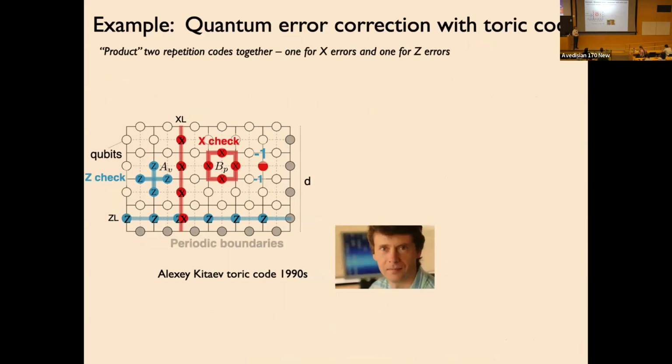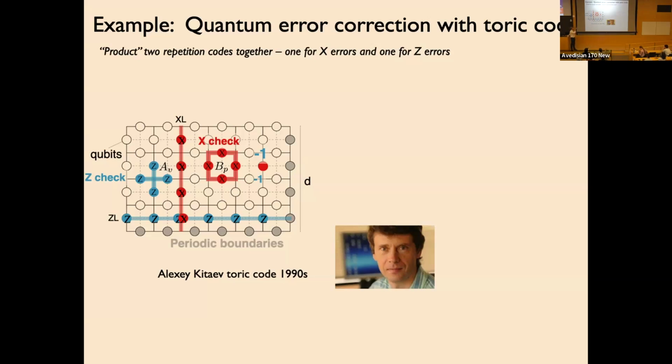It's probably the best known, best studied quantum error correcting code, the so-called surface or toric code invented by Alexei Kitaev. And basically, you can think about it as a kind of product of 2 classical repetition codes, one which corrects bit flip errors and another which corrects phase flip errors. The structure of this toric code is the following.